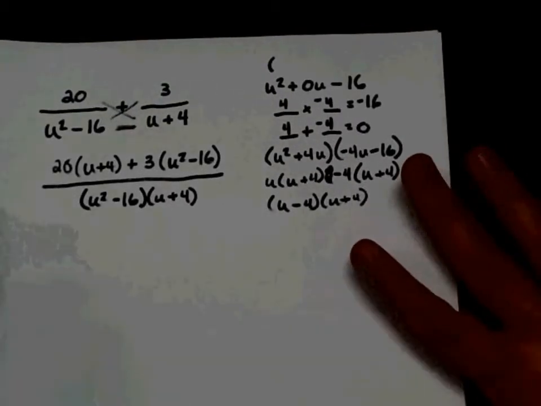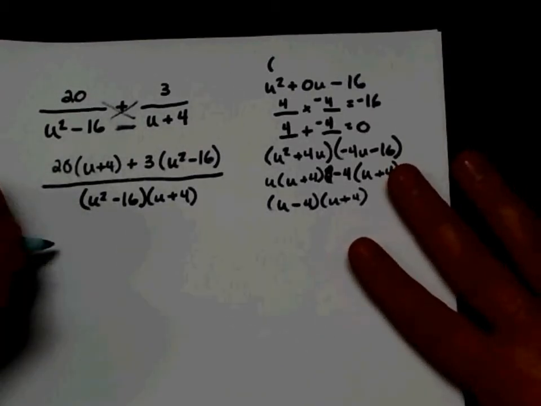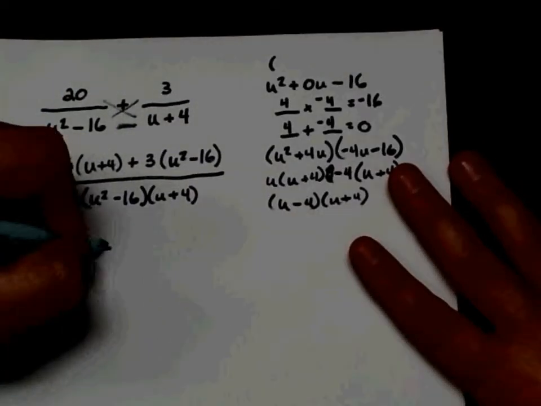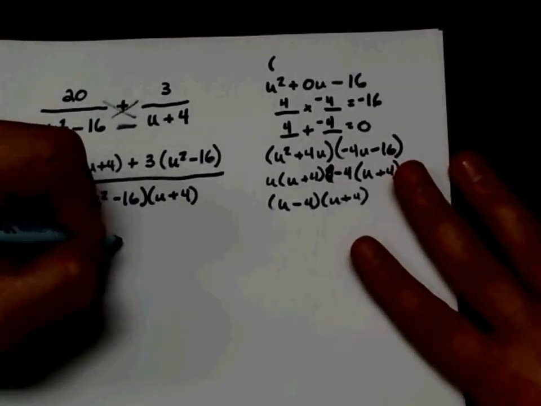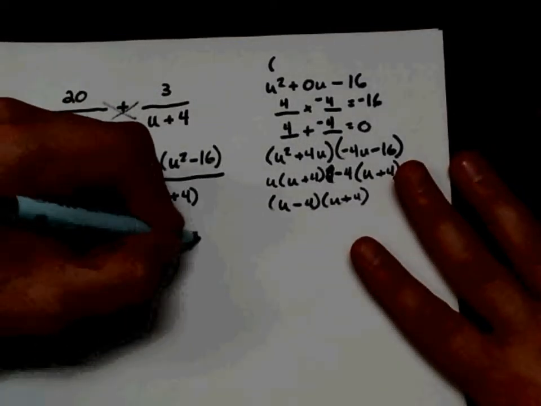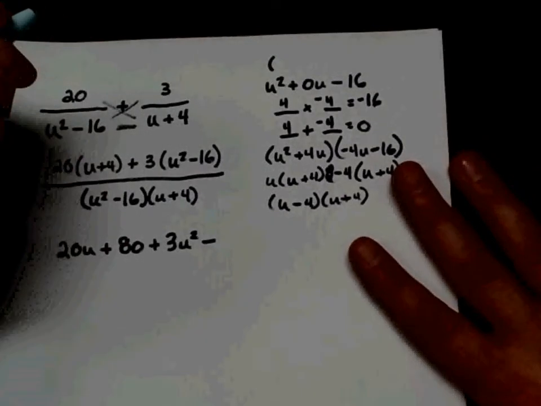Okay, so up on top, we are going to get 20u plus 80 plus 3u squared minus 48.